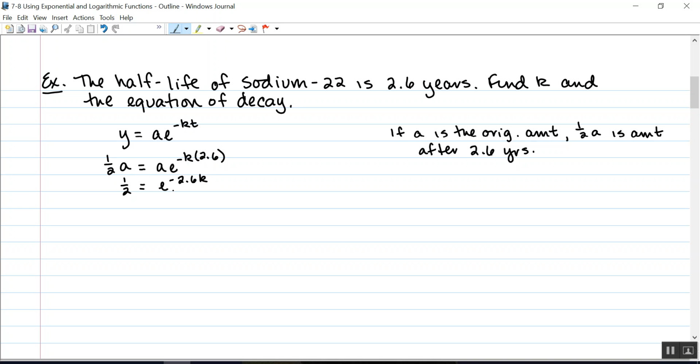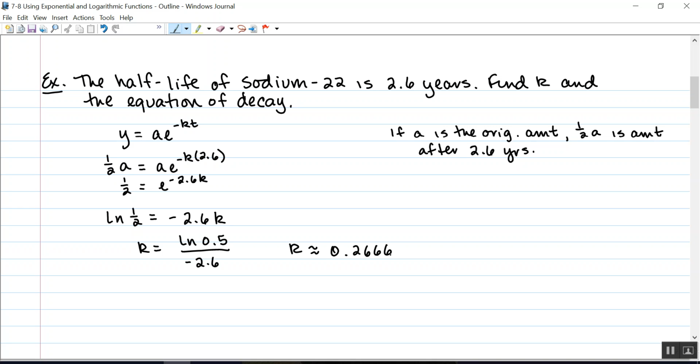And remember, I can take the natural log of each side. So the natural log of 1/2 is equal to, and when I take the natural log of this side, the natural log of e raised to an exponent is just the exponent. So that means that k is going to be equal to the natural log of, I'll switch to decimals here for the ease on the calculator, natural log of 0.5 divided by negative 2.6, or plugging that into my calculator, k is approximately equal to 0.2666.